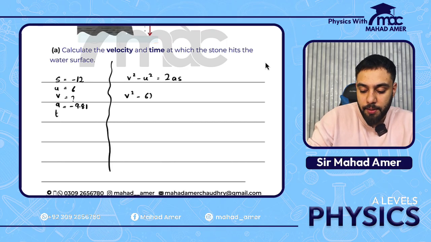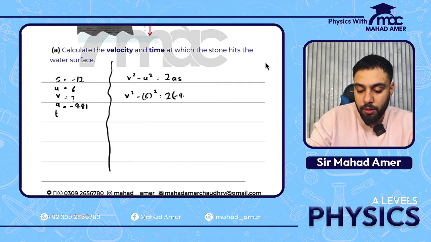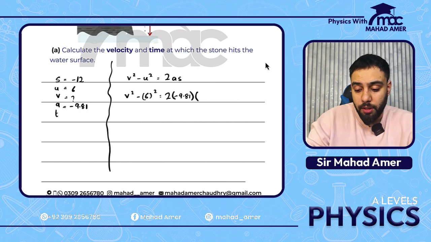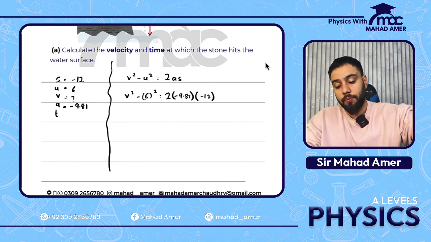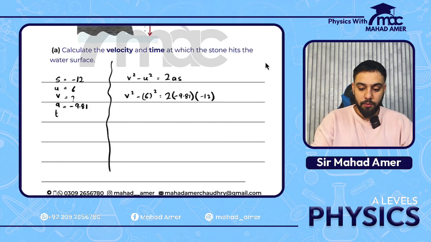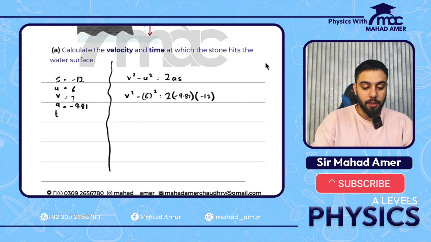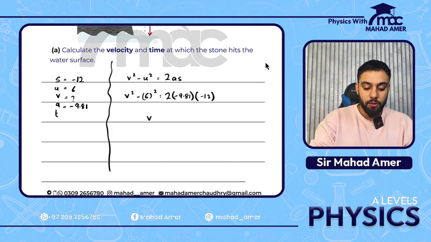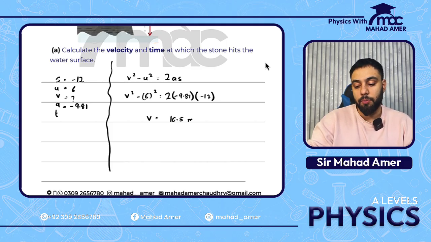Initial is 6, squared is 36. Acceleration is going to be negative 9.81, and the displacement is also going to be negative 12. So that's going to be 36 plus 2 times negative 9.81 times negative 12, and the value will be equal to 270, and then I will have to root that. So the value is going to be V equals 16.5 meters per second.